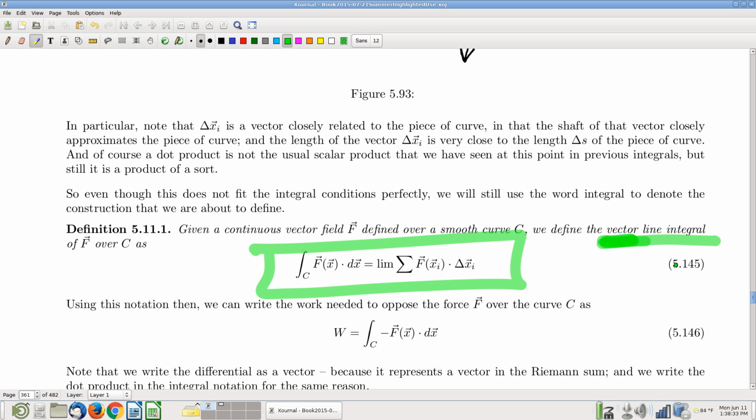So you can argue that this prefix of calling it a vector line integral is unnecessary, but it just makes me uncomfortable to give the same name to two different constructions. So I like to call this a vector line integral, and the thing that we talked about, computing mass of a bent rod or computing how much snow I had to shovel that one day, a scalar line integral. Scalar quantities. Okay. All right, so vector line integral.